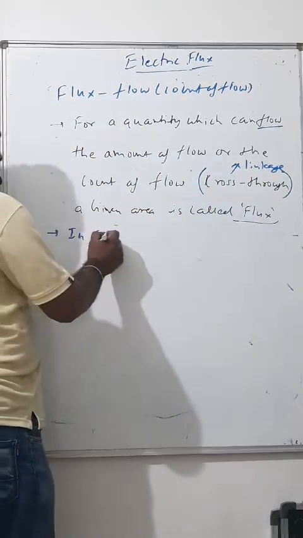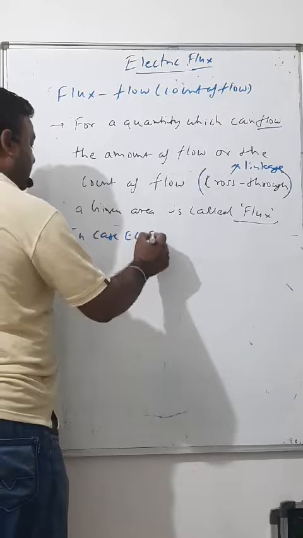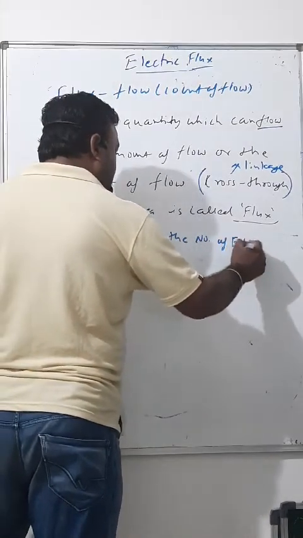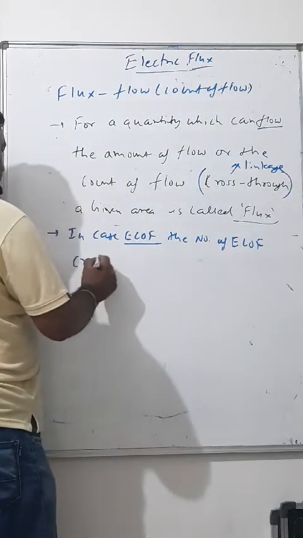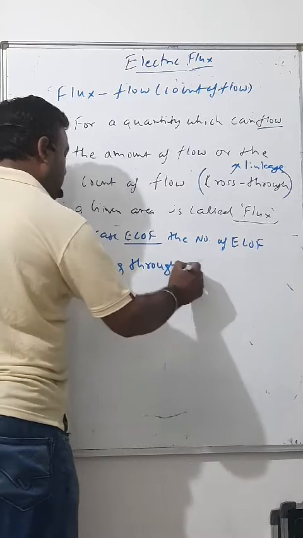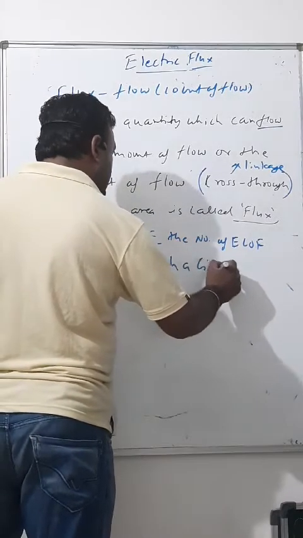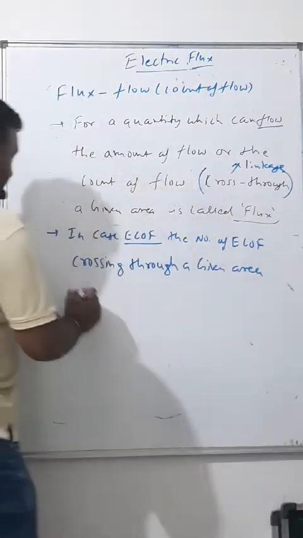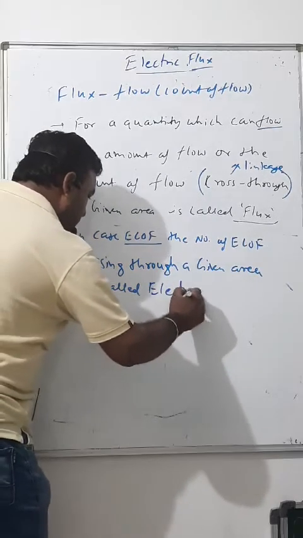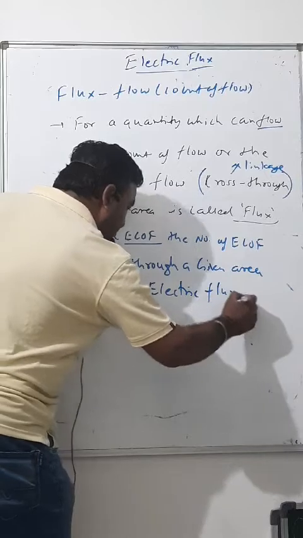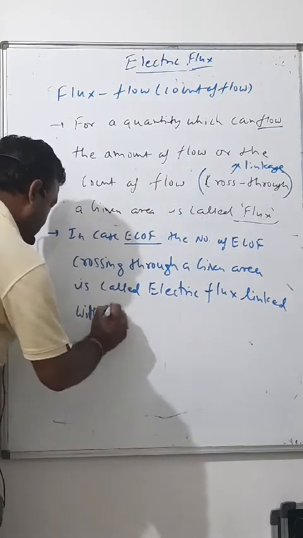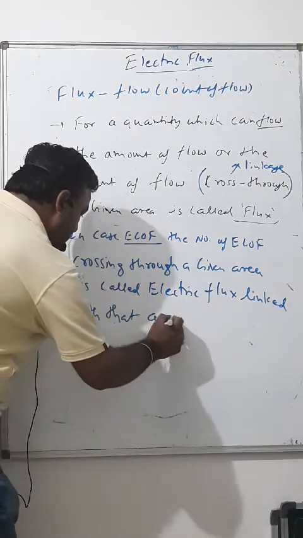In case of electric lines of force, the number of electric lines of force crossing through a given area is called electric flux linked with that area.